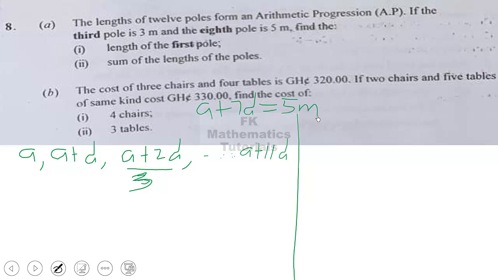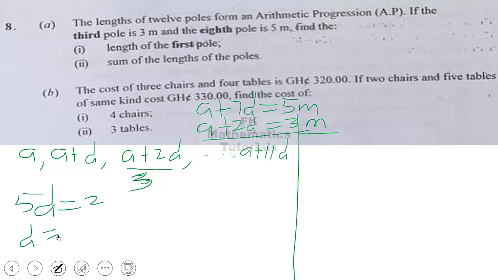So we have two equations, A plus 7D equals 5 meters and A plus 2D is equal to 3 meters. So when we subtract these two equations, 5 minus 3 will be 2, and 7D minus 2D will be 5D. A minus A is 0, so 2 equals 5D. So D is equal to 2 over 5.